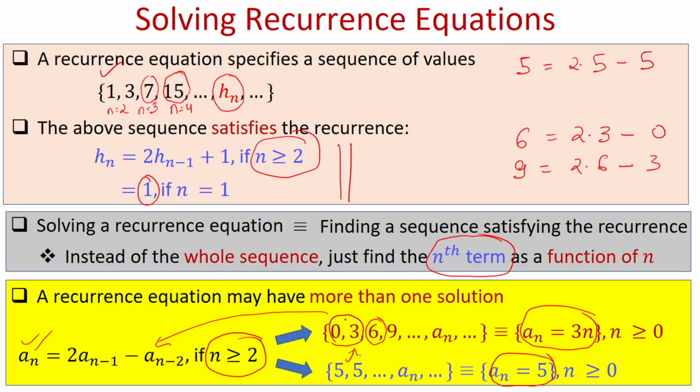In my first sequence, my initial terms were 0 and 3, and as soon as I freeze the initial terms to be 0 and 3, that automatically fixes my entire sequence. Whereas if I fix the first two initial terms as 5 and 5 and then apply the recurrence equation, that will give me another sequence. So it is due to the absence of the initial conditions that I was getting two different solutions or sequences for the same recurrence condition.